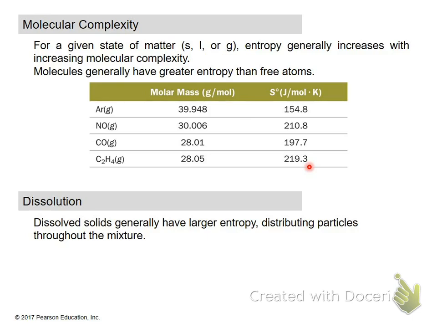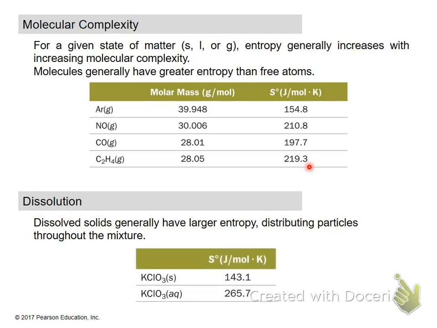And the last factor here is dissolution. Dissolved solids versus undissolved solids. Dissolved solids would have larger entropy compared to undissolved solids. An example would be between solid potassium chlorate and aqueous potassium chlorate. The aqueous one, the dissolved salt, has higher standard molar entropy than the solid one, which makes a lot of sense if you look at the number of moles.